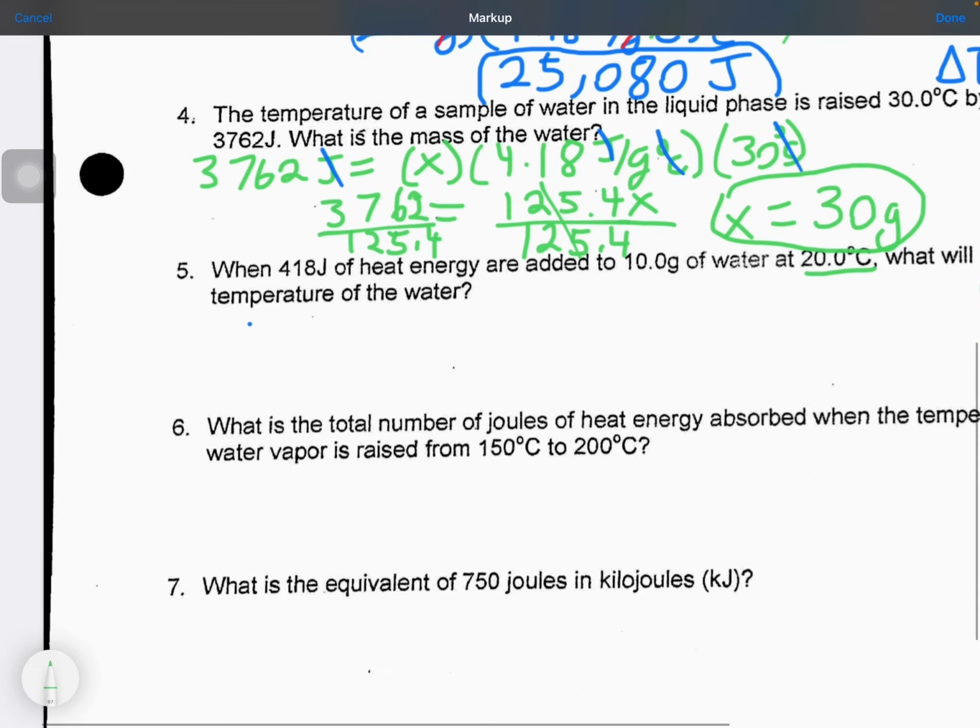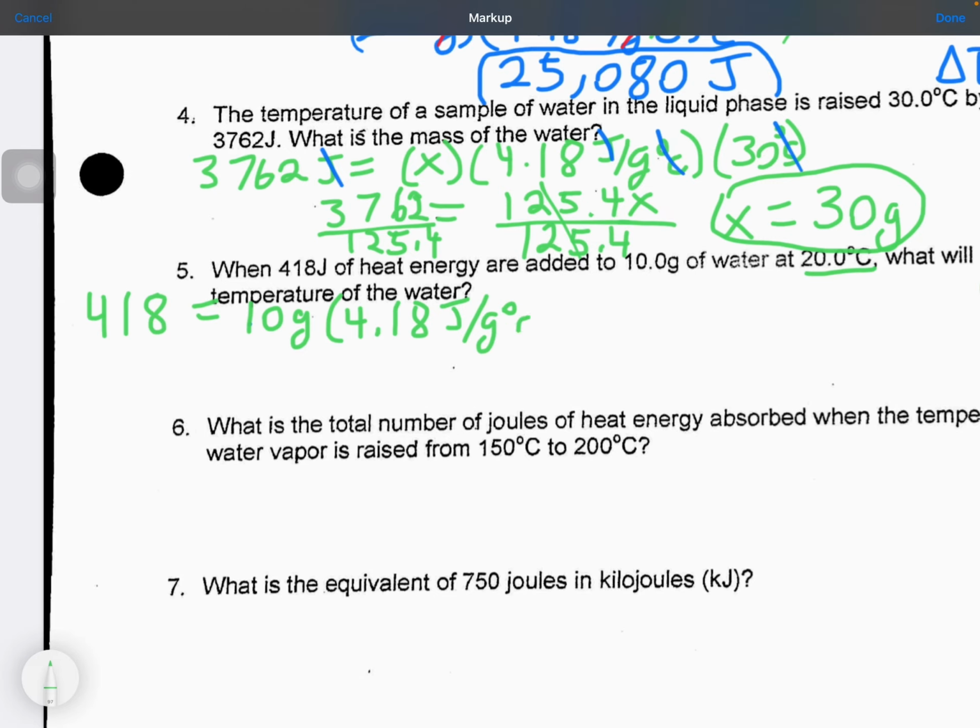So that is going to be 418 is equal to 10 grams times 4.18 joules per gram degrees Celsius times X, because we're trying to find that change so then we can figure out what the final temperature would be.